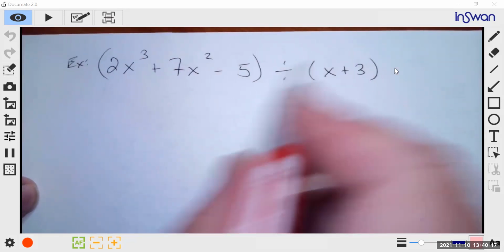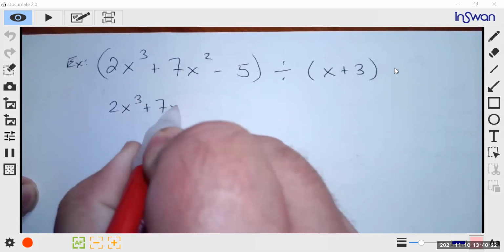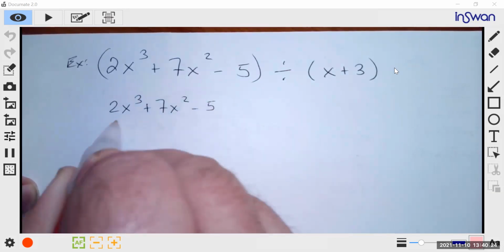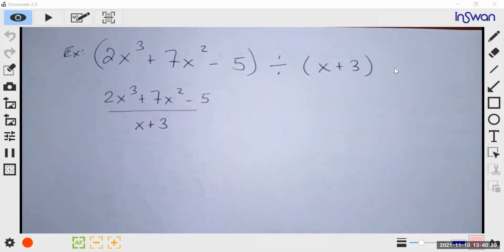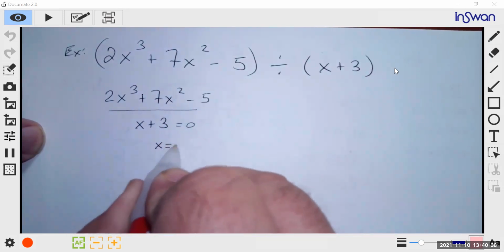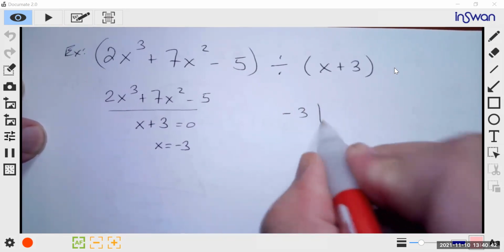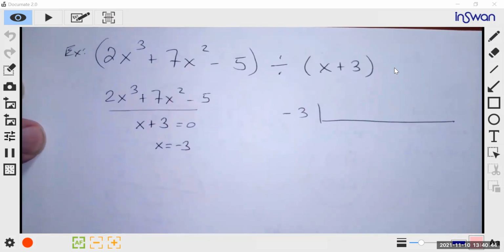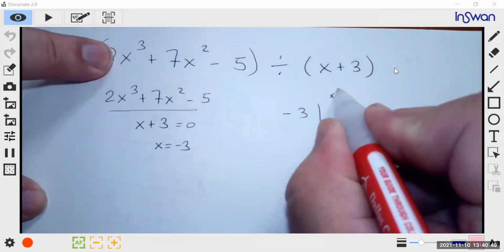Now, the way this thing really looks, it's like that. So can we use synthetic division? Yes. First step is solve the denominator. So we get -3. The largest x variable is x cubed.